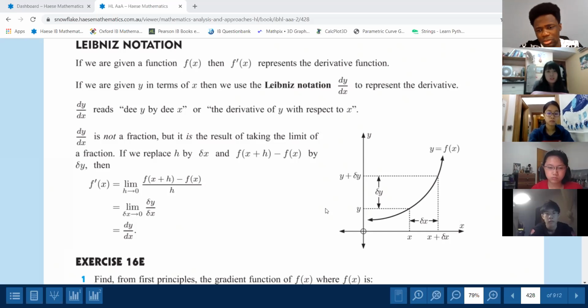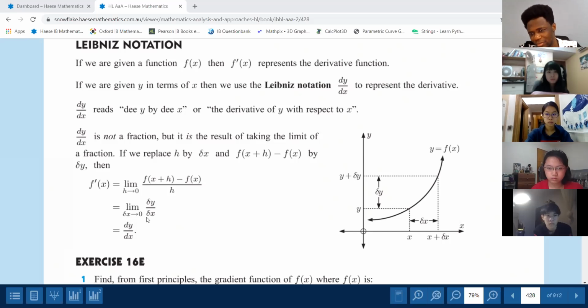Okay, so we're just rewriting the previous notation that we have written. This is the gradient of the chord, and the chord is simply the difference along the y and along the x. That difference has already been written in notation: difference in y is delta y, difference in x is delta x. So if you want to get your f dash of x, it is as the gap becomes 0. In this case, the gap is delta x, so the limit is now as delta x tends to 0.